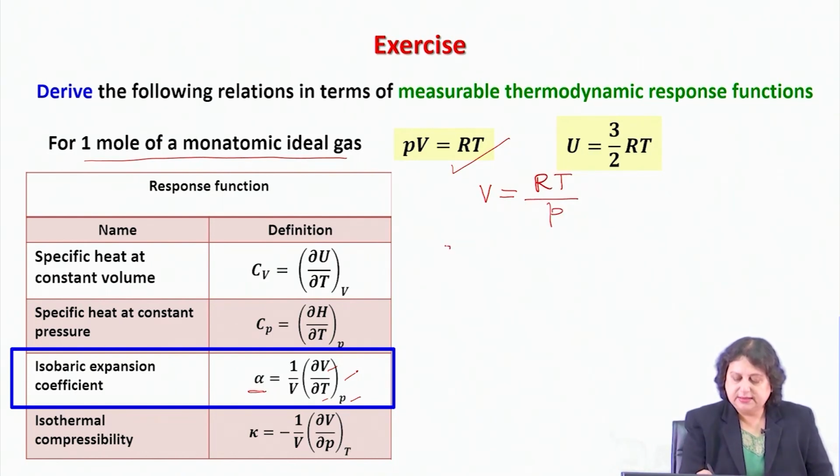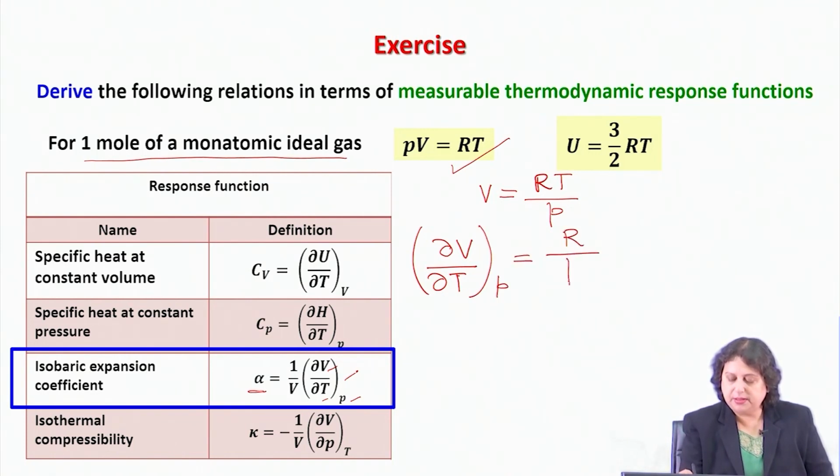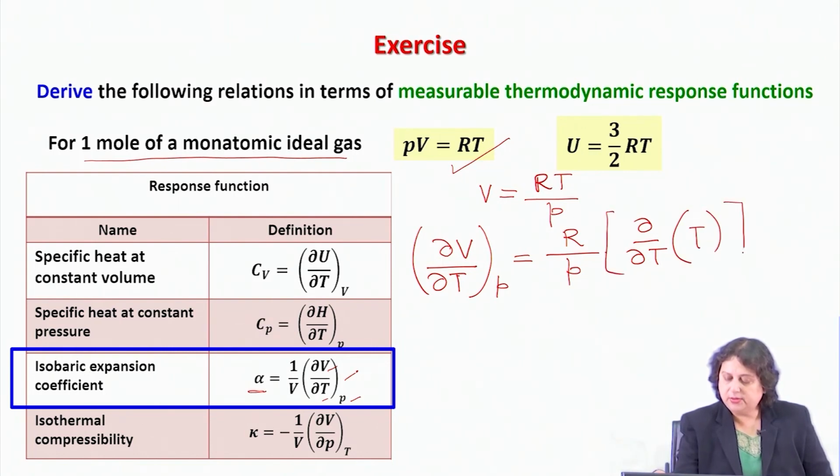So, what is del V del T at constant P? It turns out to be R by P into del T of T under constant pressure condition.